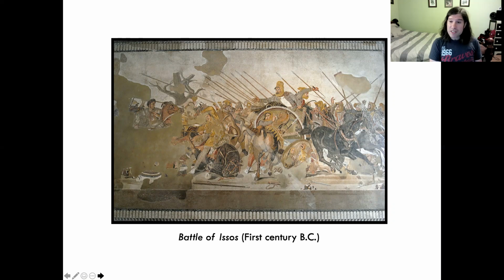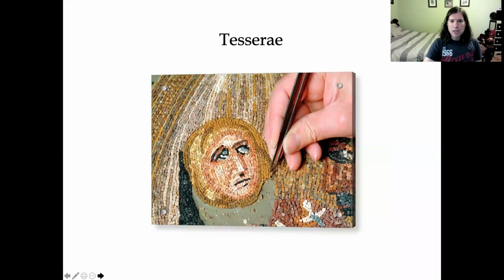I mentioned that this is a mosaic. We're going to be looking at a number of mosaics in this course. So I wanted to give you an up-close look at what a mosaic really is. It's not a painting at all. It's made up of these little tesserae, these little pieces of stone or glass or painted ceramic.